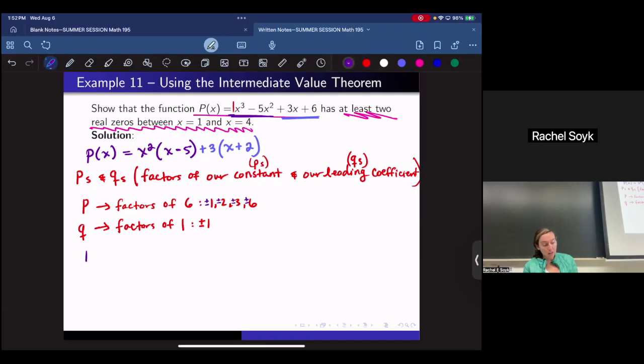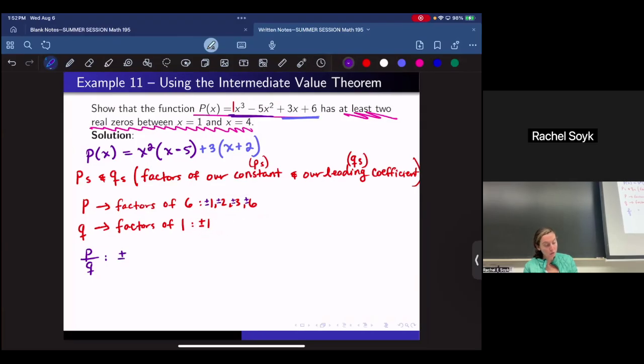And then the relationship between your P and Q is, we're dividing the two by each other. So because it's plus or minus 1 here, we're essentially just looking at our P's.